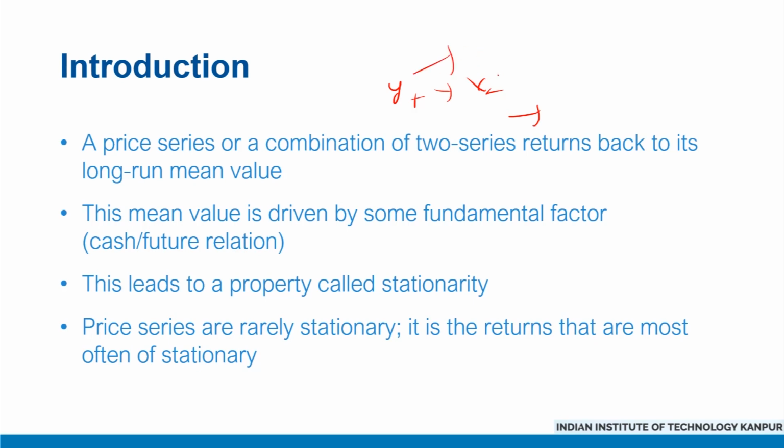For example, often it has been found that prices are I(1) processes, that is integrated of order 1, and they are non-stationary on their own. So you need to take first differences, like compute returns. Returns is also a form of first differencing. So you have to compute returns or take first differences to make them stationary.